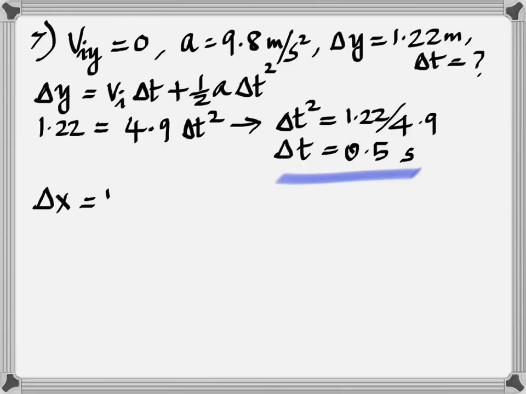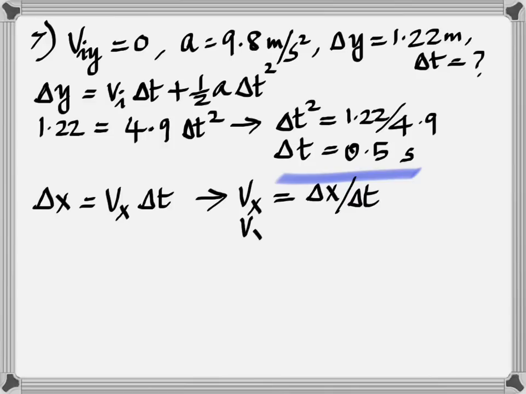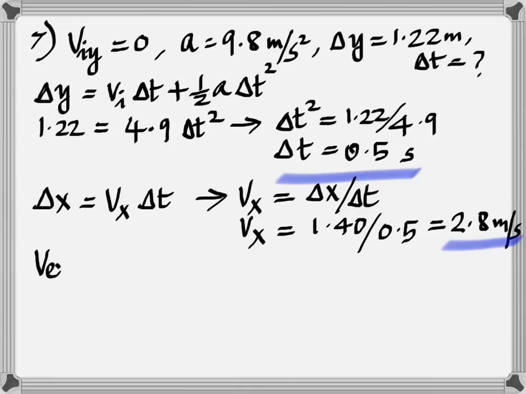And then you know that the horizontal displacement is Vx delta t, from which you can find the horizontal component of velocity. It's 2.8 meter per second.